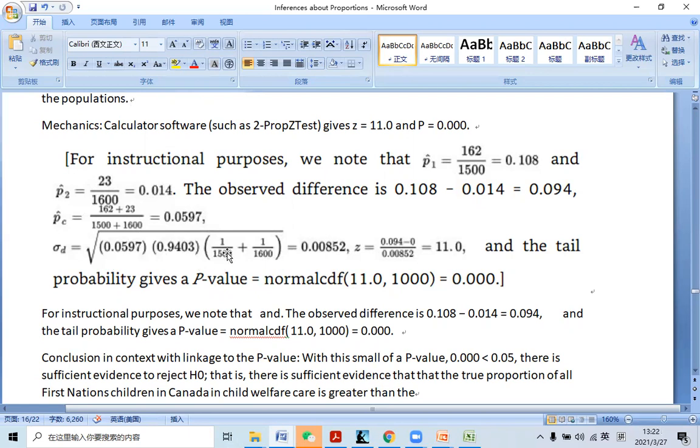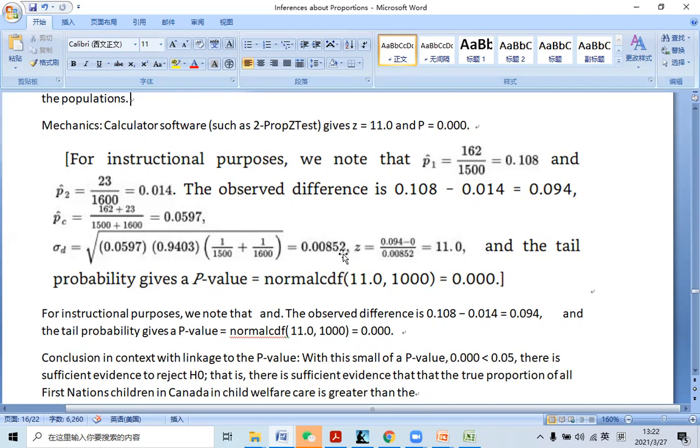And then this way you add up the proportions, 1 over 1500 plus 1 over 1600. These are the sample sizes. This way you get a standard deviation.